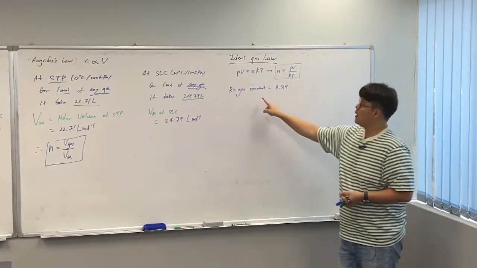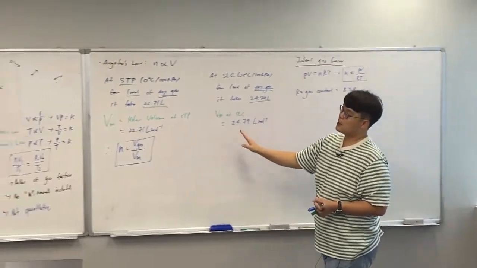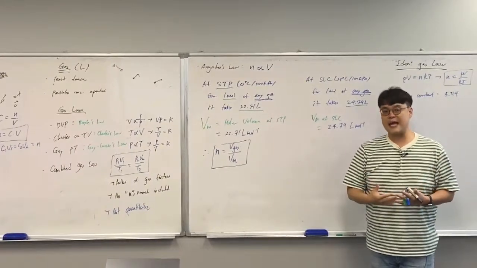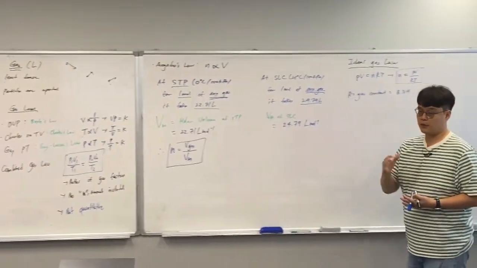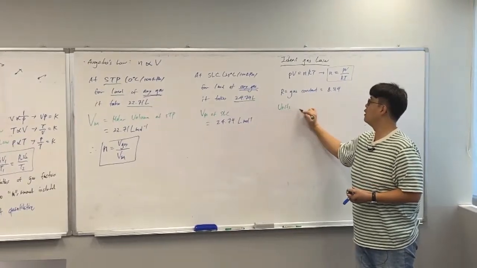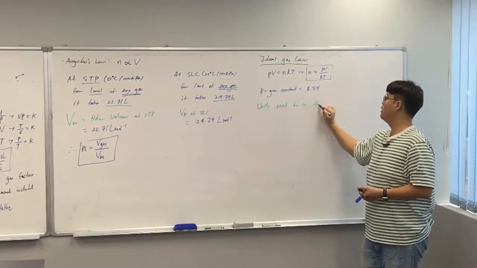And for the ideal gas law, for other gas laws I didn't really mind if you didn't convert into standard units. But for the ideal gas law, units must be in the standard.